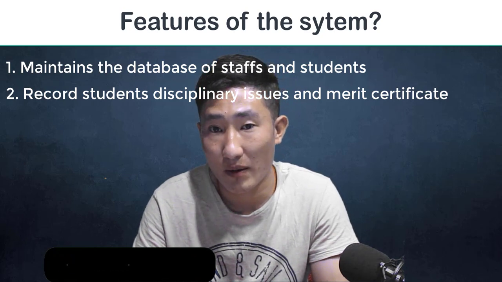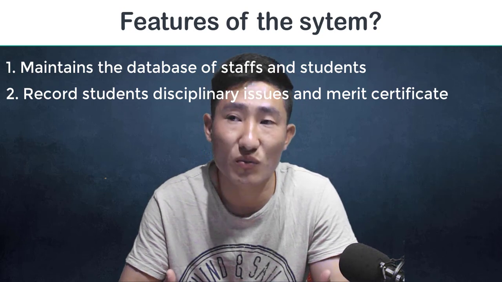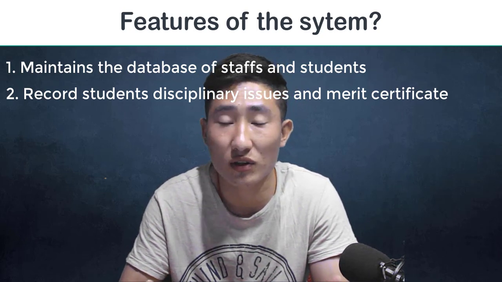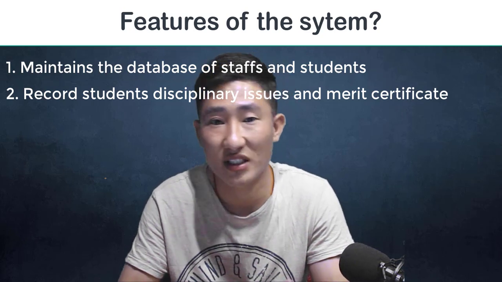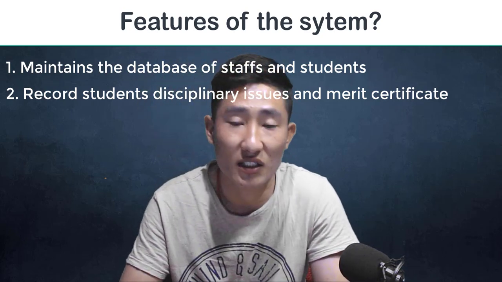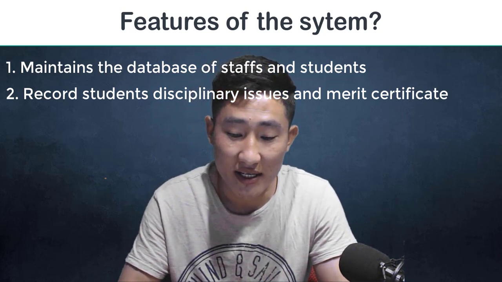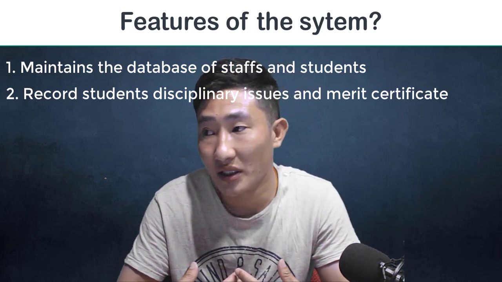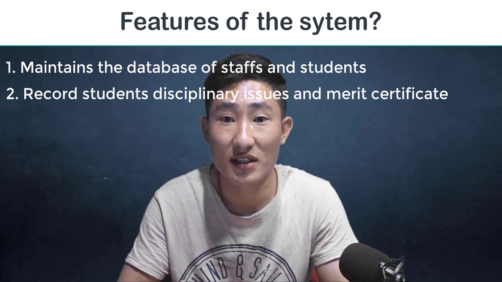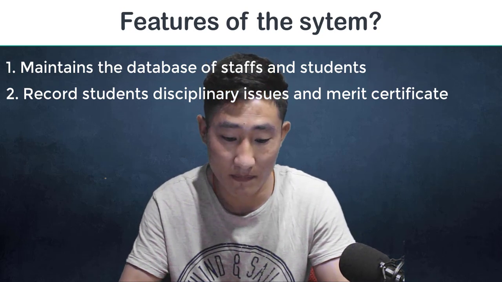And since I thought my system was focused more on negativity, I also included tracing the merit certificates of the students. That's why these two core features have been included, so that we can appreciate the students whenever we rate them, and moreover we can correct the students based on their disciplinary record.